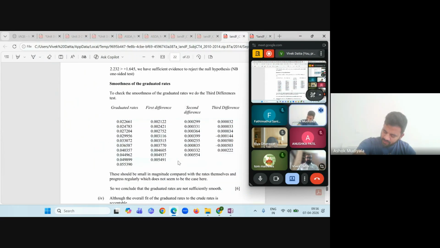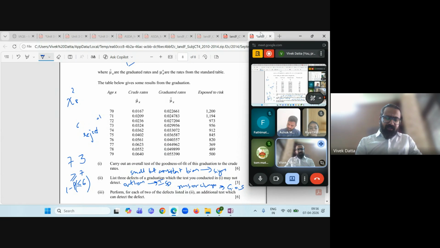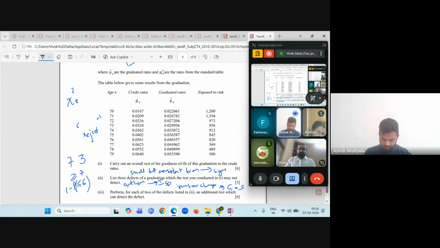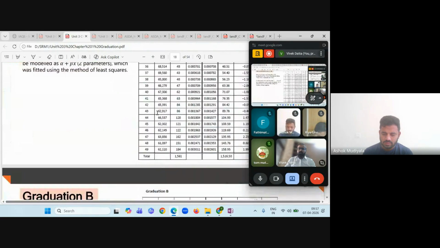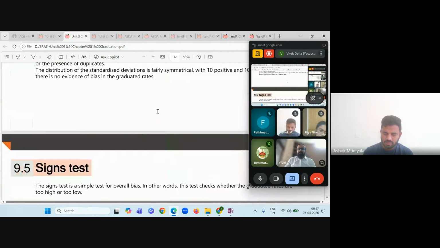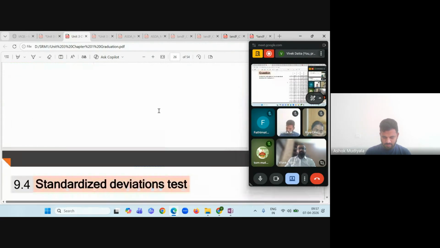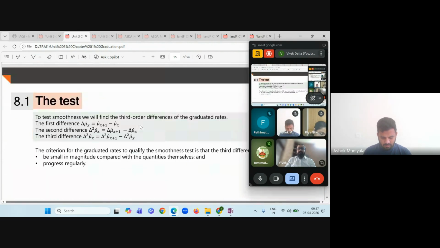So when we calculate delta cube, we have to use delta mu x plus 1, the third order differential. Oh, sorry, it's not square. This is your formula.